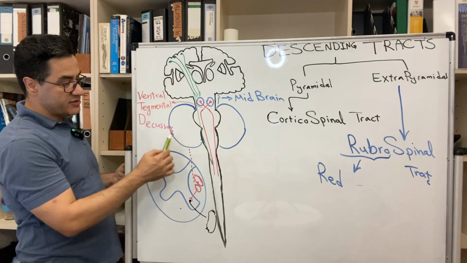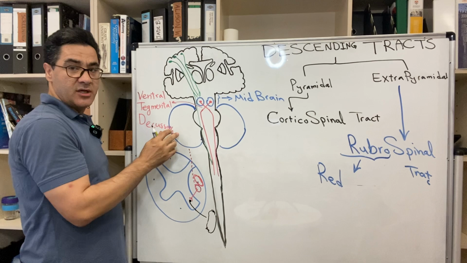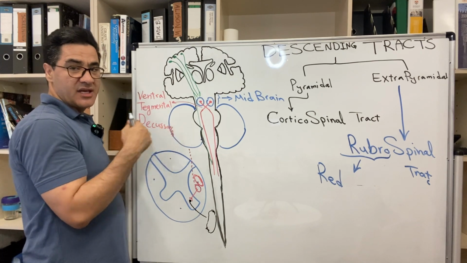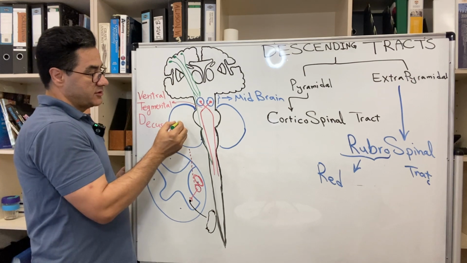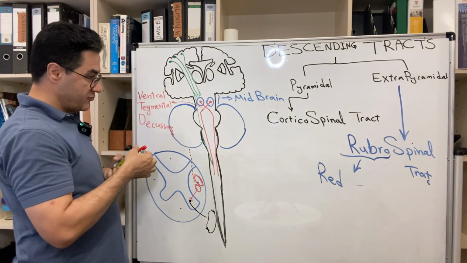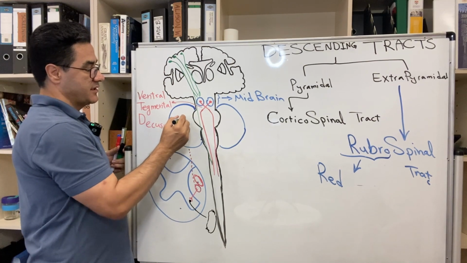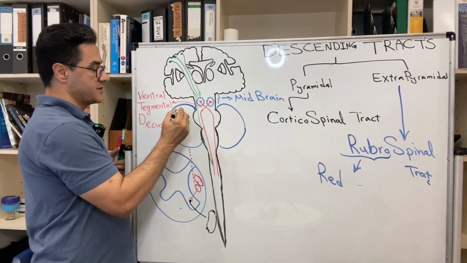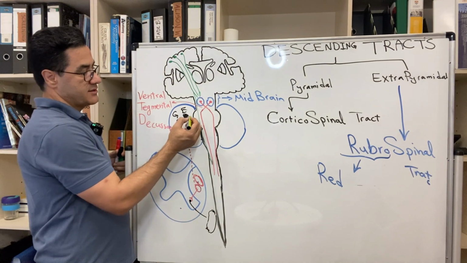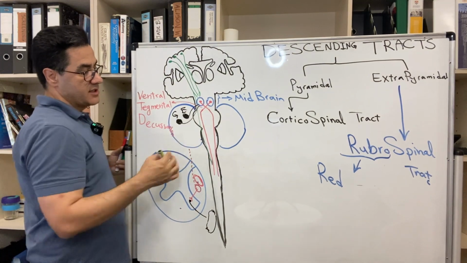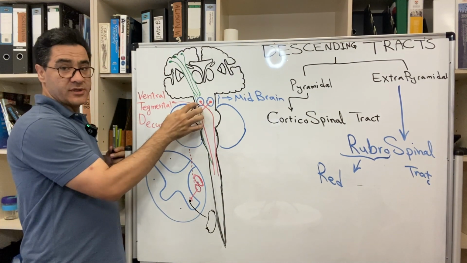We also have the cerebellum here, at the back of the brainstem. Within the cerebellum, we have some deep nuclei. Some of them are called globose. The other one is known as the emboliform. Imagine that here we have the globose, and this is the emboliform. They also send some fibers to the red nucleus and stimulate it. It's called globose emboliform rubral.